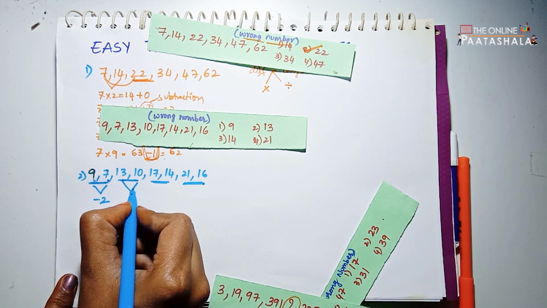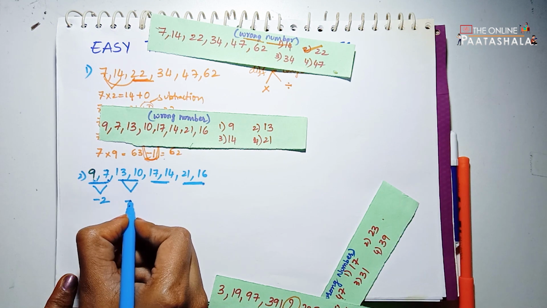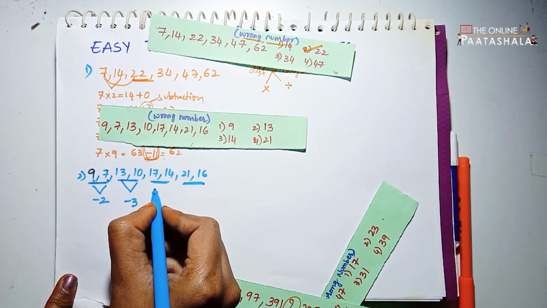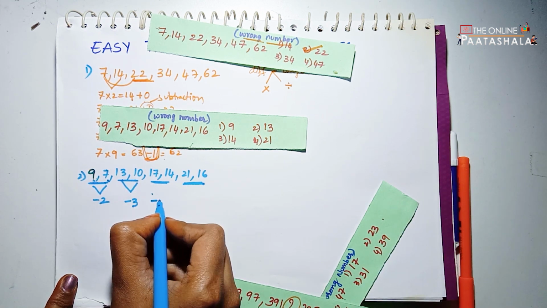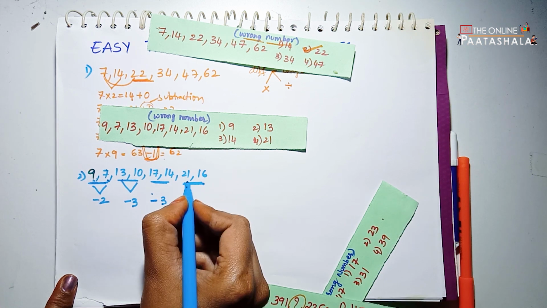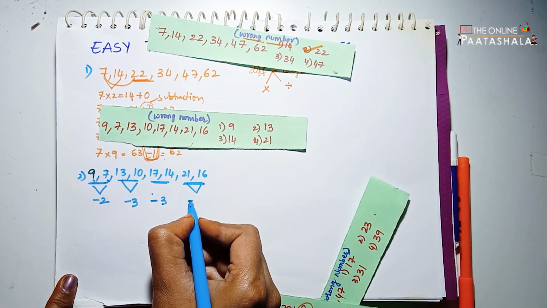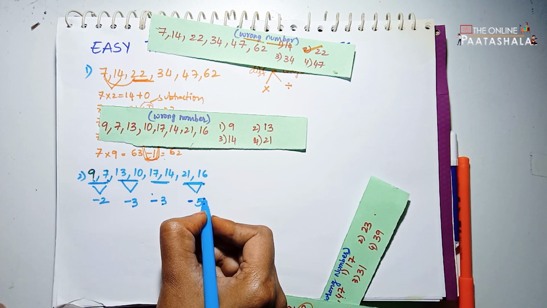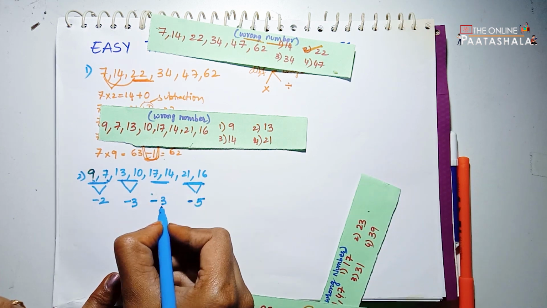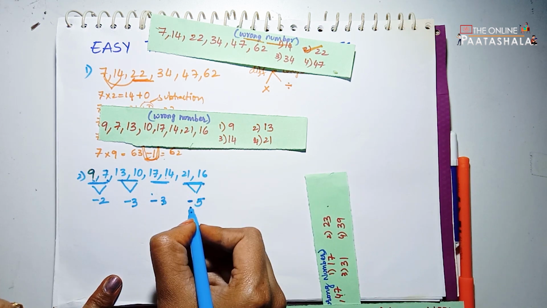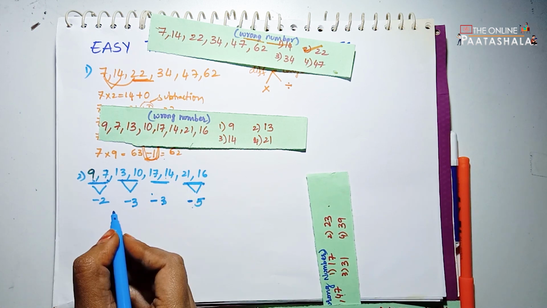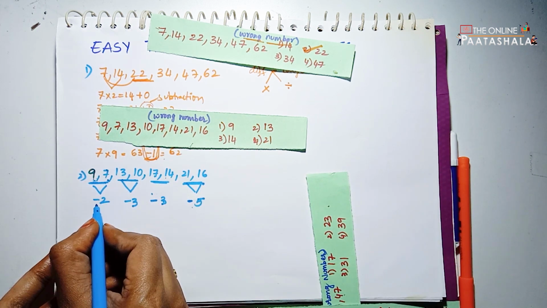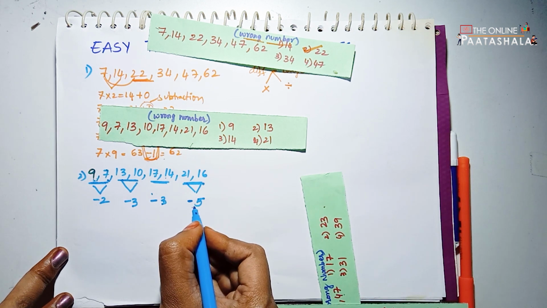After this, 13 minus 3 is 10. Here again minus 3, and here minus 5. 13 minus 3 is 10, 17 minus 3 is 14. 21 minus 5 is 16. Here the differences are minus 2, minus 3, minus 3, minus 4.